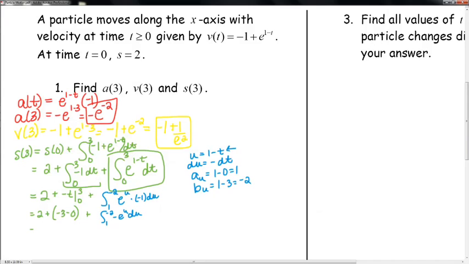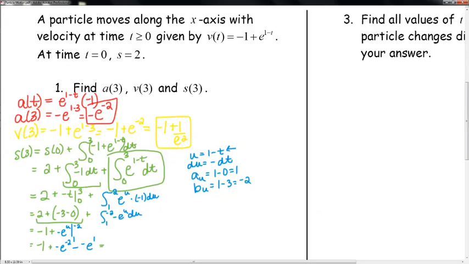And so when I simplify this part right here, I'm going to get negative 1 plus, and so now let's take the antiderivative. So this gives me negative e to the u, evaluated from 1 to negative 2, which is negative 1 plus negative e to the negative 2 minus negative e to the 1.